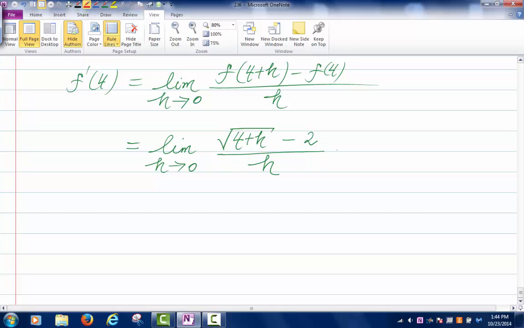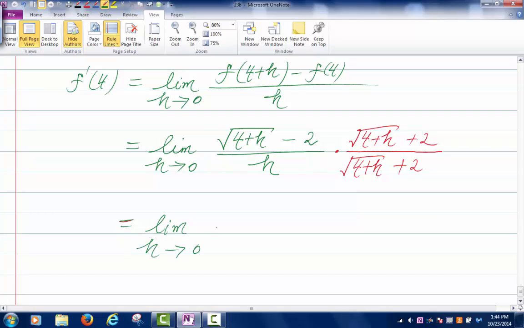Well, root functions, our trick for finding limits was what? Multiply and divide by the conjugate. So I could do this, and if I do that, then this is the limit as h goes to 0.